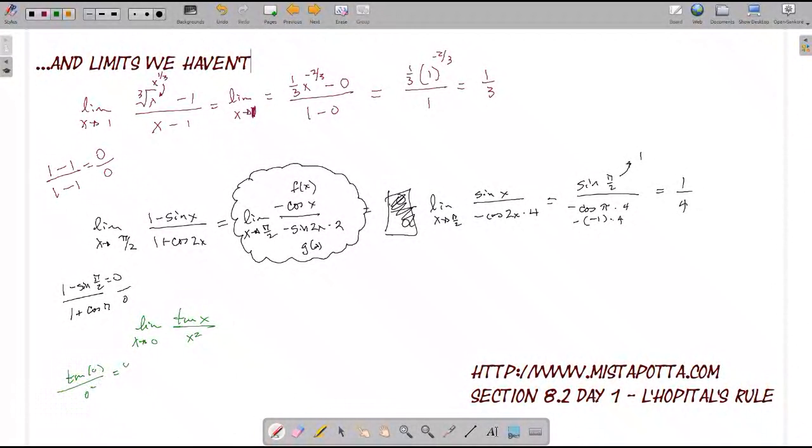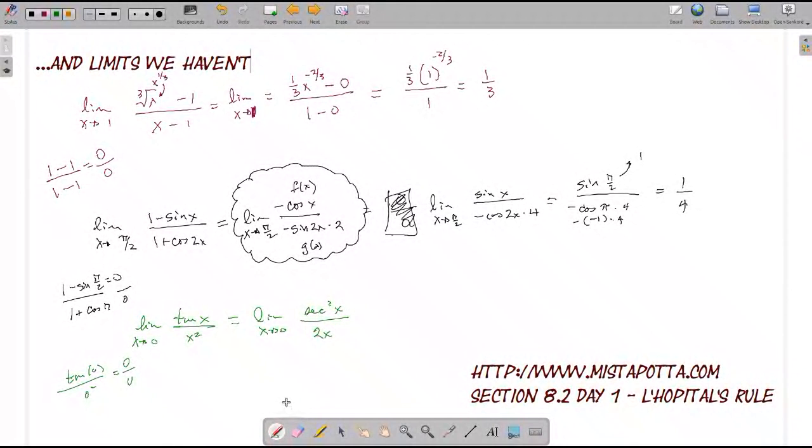So I get that indeterminate form, and so L'Hopital's rule will apply in this case. So when I try and take the derivative of the numerator, I get secant squared of x, and then taking the derivative of the denominator gives me 2x.